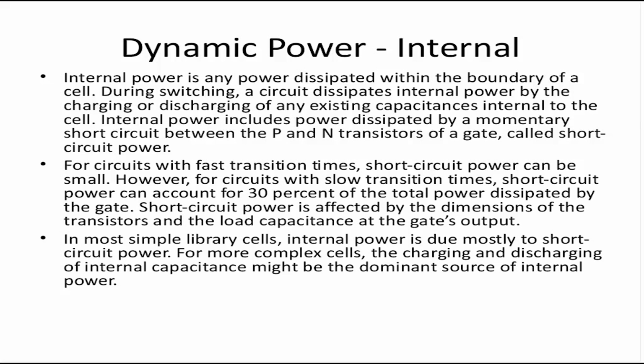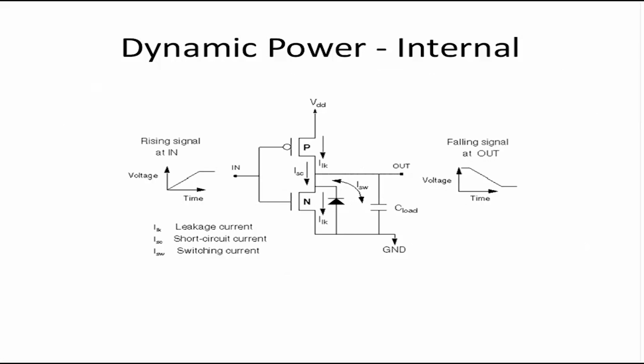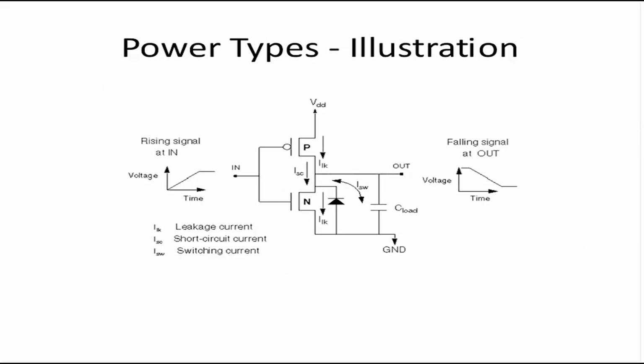Short circuit power, as I told before, is the majority component of internal power. But for more complex cells, the charging and discharging of internal capacitance might also be the dominant source of internal power. So this is an illustration for an inverter.